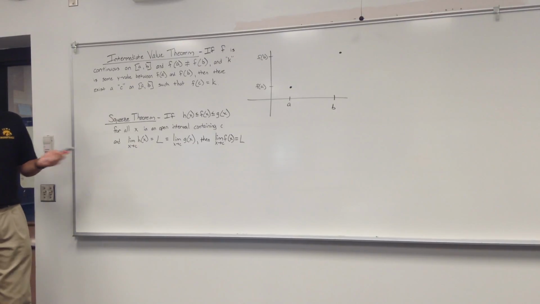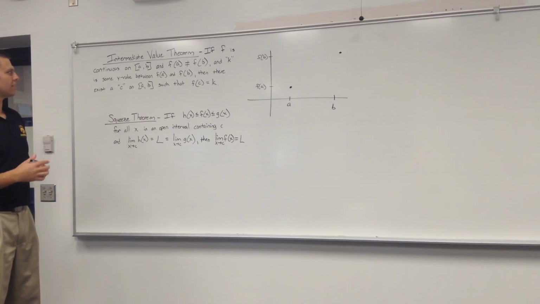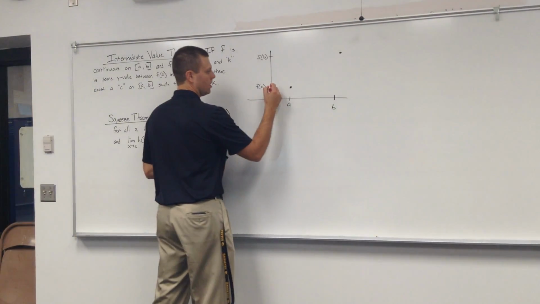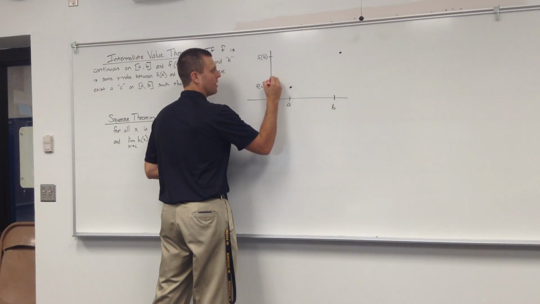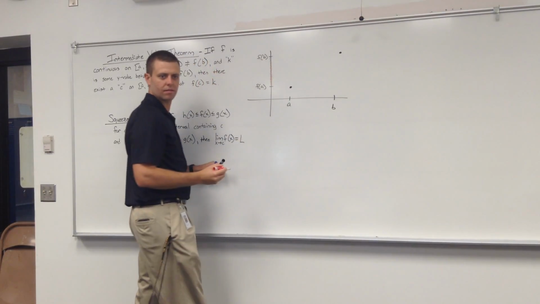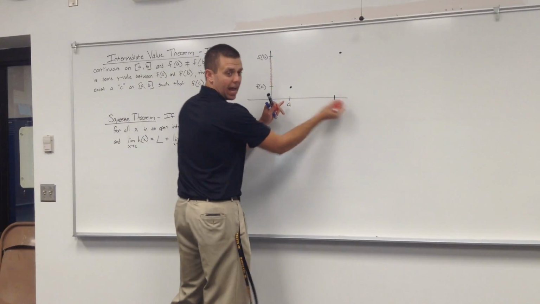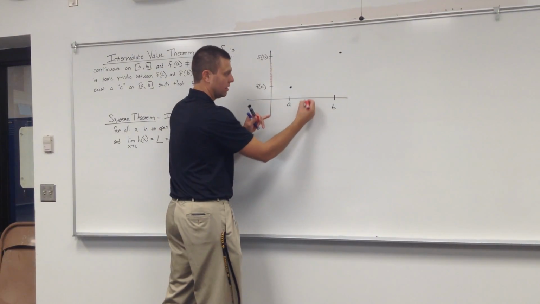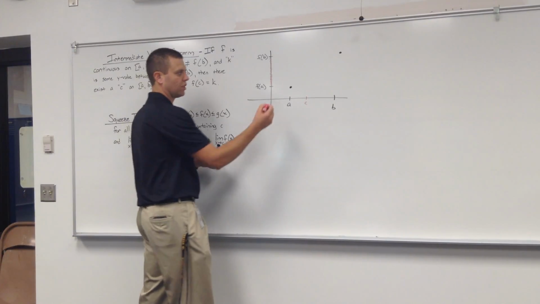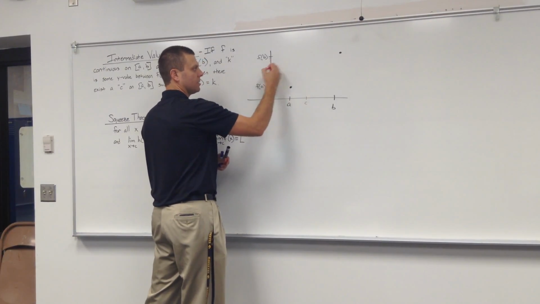What the intermediate value theorem is basically saying is I can guarantee you that if I pick any y value between f of A and f of B, there has to be some c value here such that f of c hits that y value.